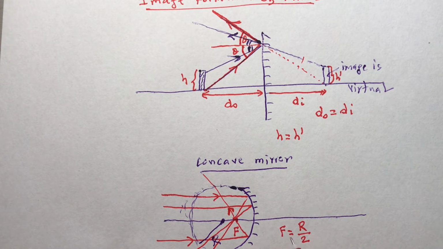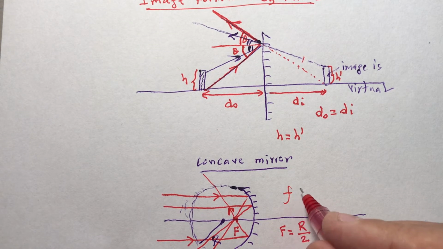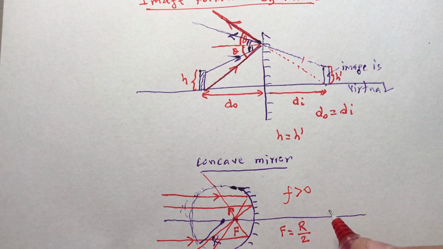So this mirror is convergent. It converges light into one point. This is a concave mirror. And here one thing I want to mention is F is positive. Okay, the focal distance is positive.